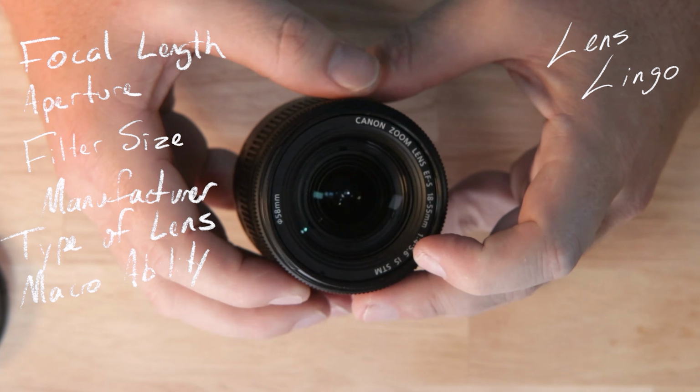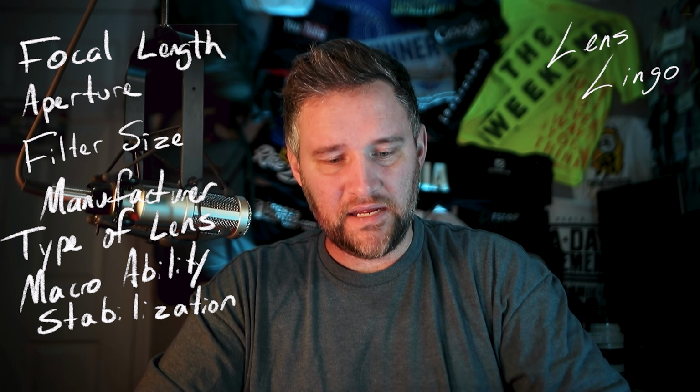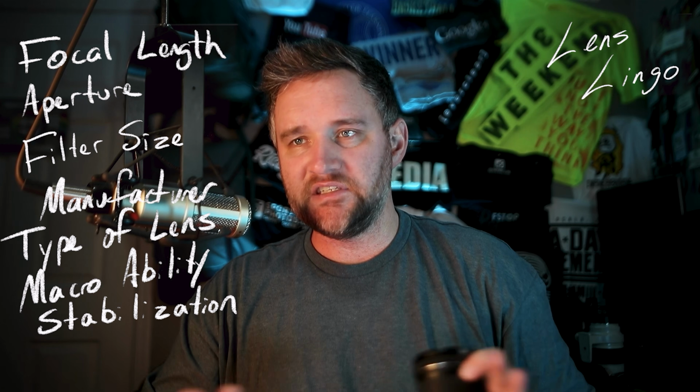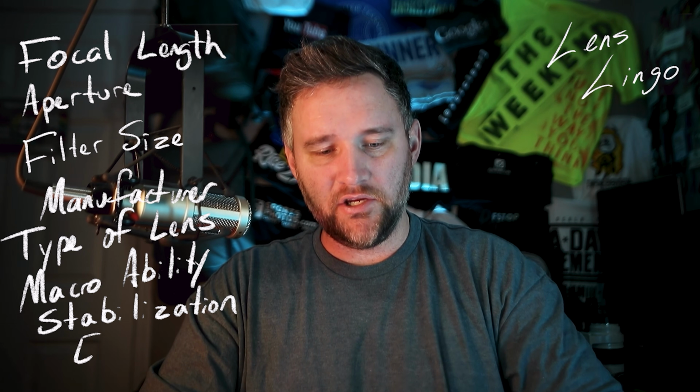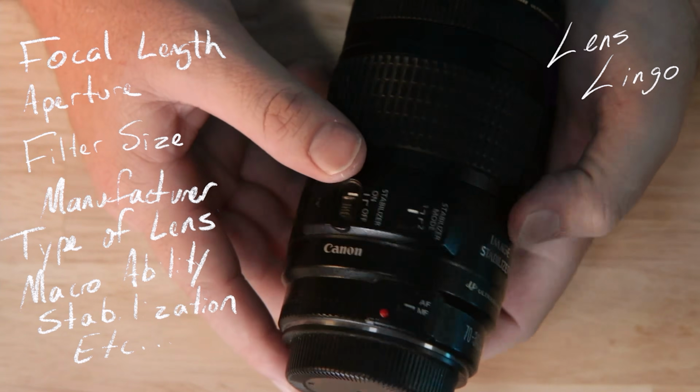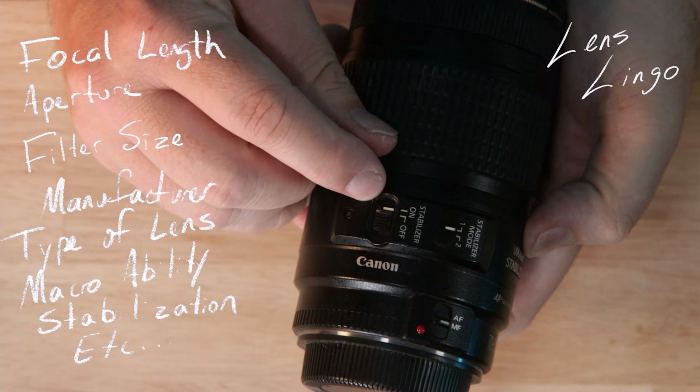Now, you may also find other combinations of letters and numbers and stuff, such as IS, that term stands for image stabilizer. There's a seemingly infinite combination of letters that you can find on lenses, right? And the image stabilizer will usually show up with a switch, right?